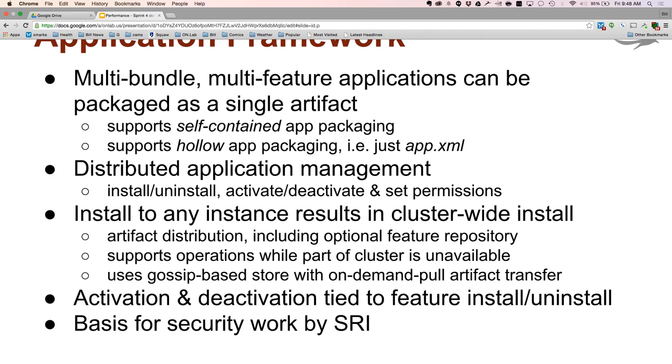In the past, one had to push individual bundles up to all of the different instances, and then go to each individual Karaf instance, and then install the feature repository and install those features.